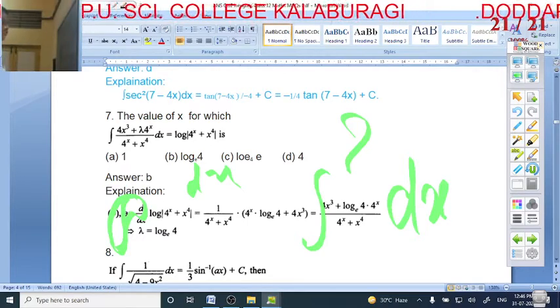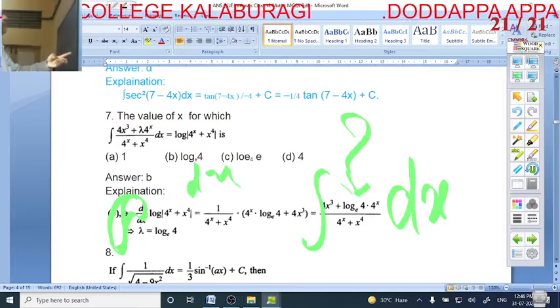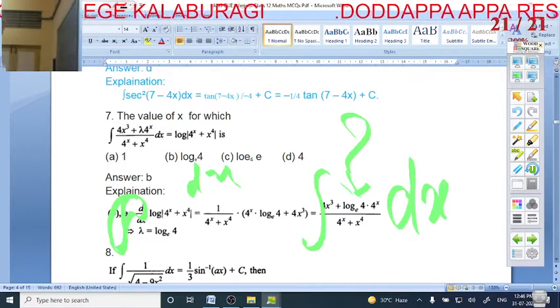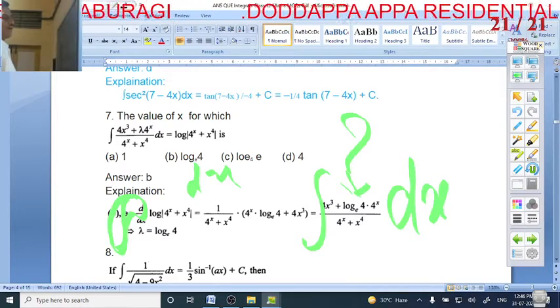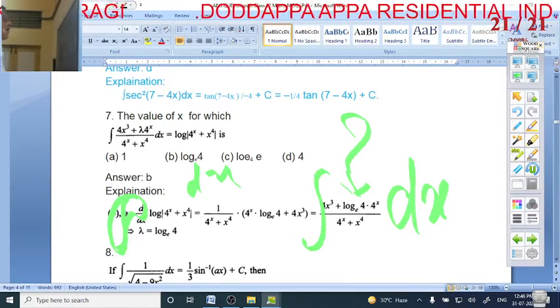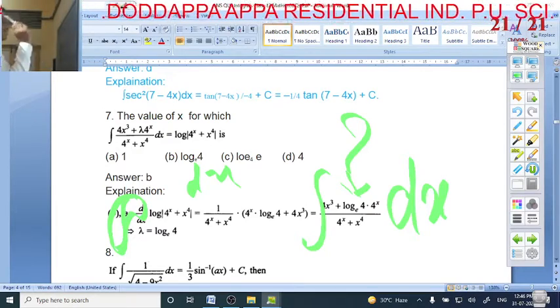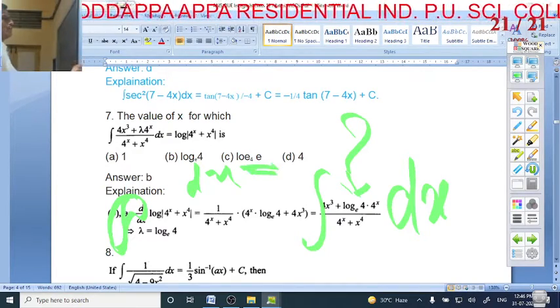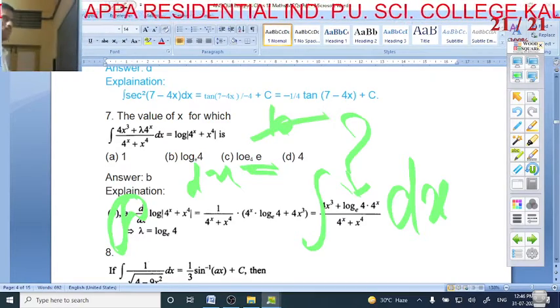So what it shows, lambda, whatever is present here, is equal to log 4. Not only 4, along with the 4, log 4 is there. So log 4 is the second option. Don't get confused. This second option B is correct. I hope you people are following.